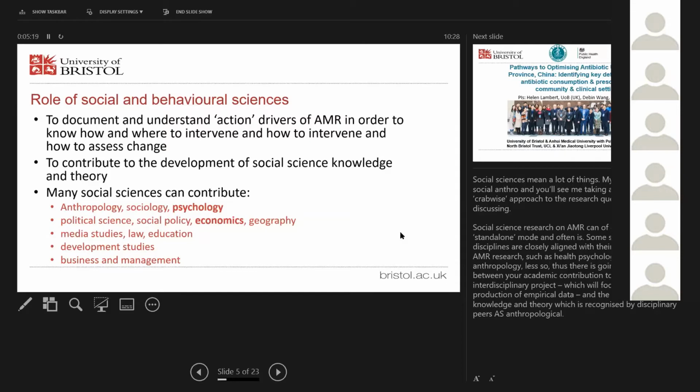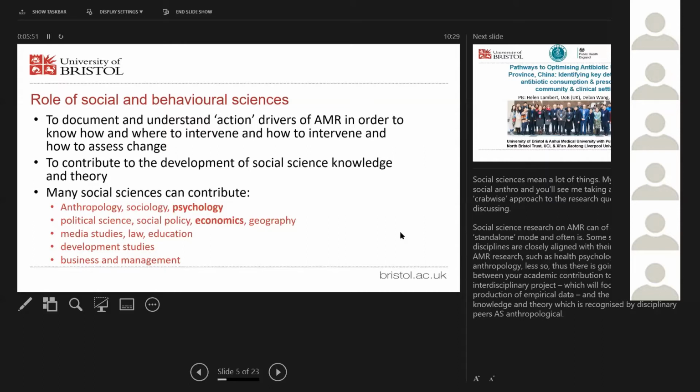And those two things, its practical usage and its contribution to the broader social science discipline, sometimes sit in tension in interdisciplinary projects, particularly when it comes to writing up outputs which will be valuable to the community of scientists and social scientists that you want to contribute to, but also, of course, in terms of developing and building your career. And I will come back very briefly to that at the end.